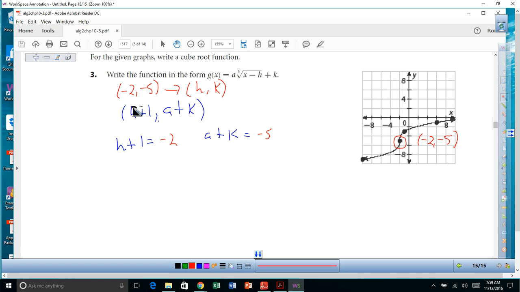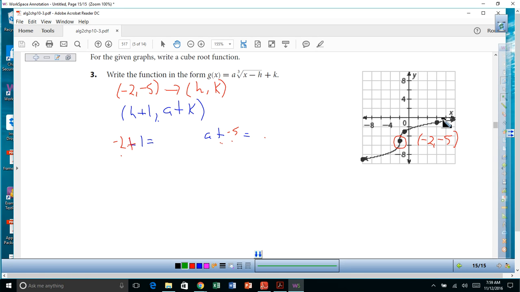Now, what do we know? We know h is -2, right? Oh man, I put the wrong numbers in there. And we know k is -5, right?